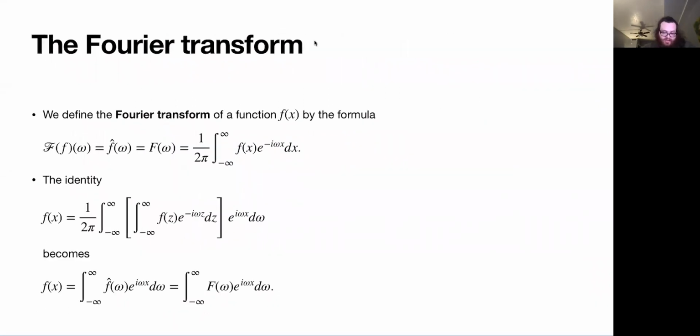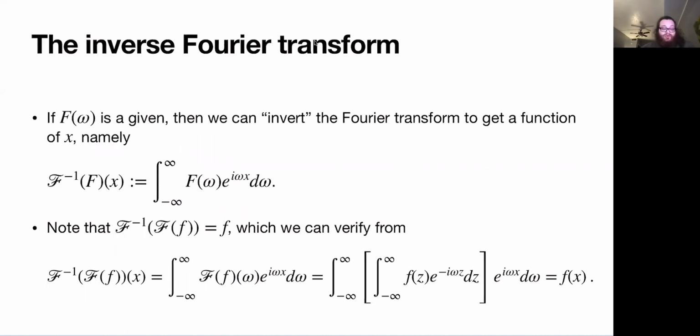Okay, so here, Fourier transform, plug in a function f, we're going to end up with a function of omega. Turns out we can undo this process. We have a method for plugging in a function of omega and then integrating out omega in a certain way and ending up with a function of just x. Okay? And so that's this inverse Fourier transform.